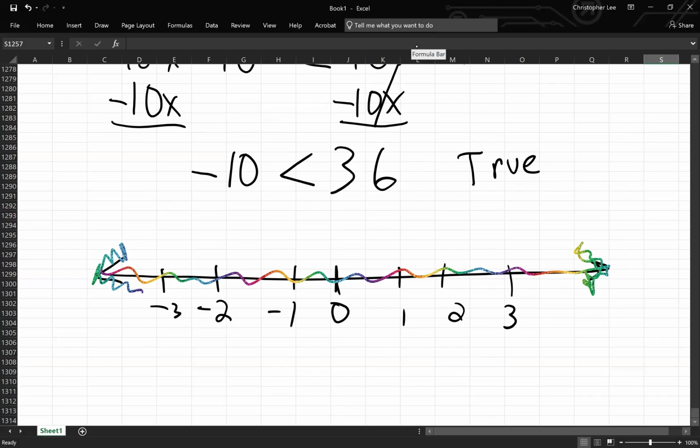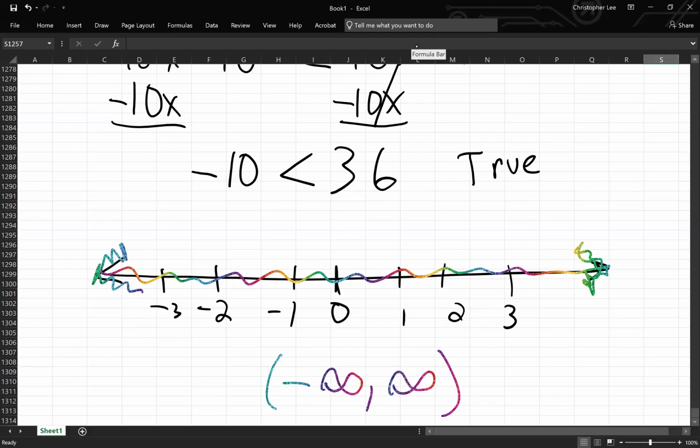What is my interval notation? This is going to be negative infinity to positive infinity. Everything. Because the statement is true, right? It's not true for a particular x less than or greater than or something. It's true for every single number. So this is negative infinity to positive infinity.